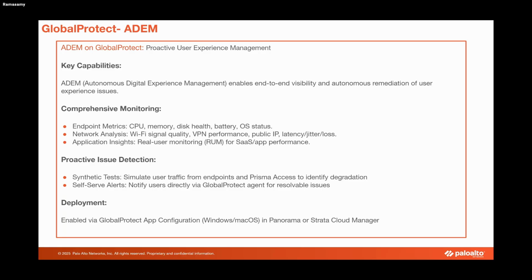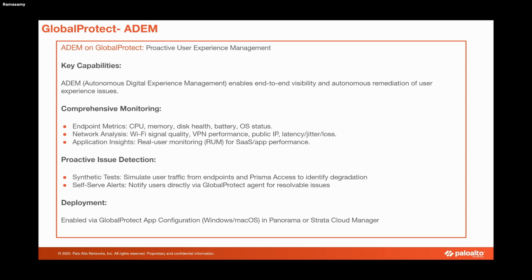In network analysis, parameters like Wi-Fi signal, VPN performance, public IP, latency, jitter, and losses can be captured. And application insights provide real user monitoring for SaaS performance, like page load time and server response.